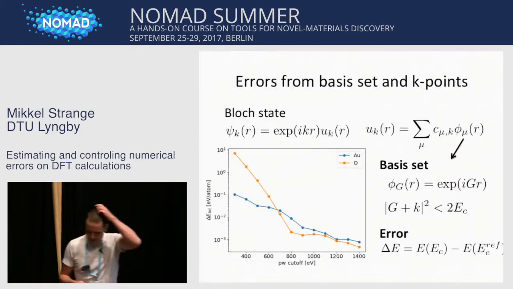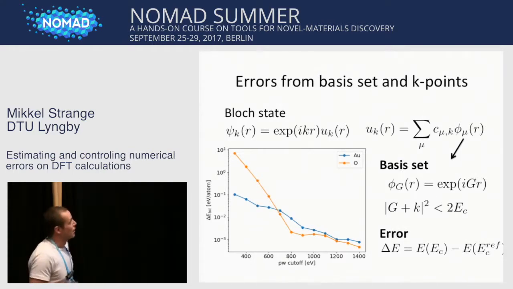All right, so of course when we look at errors, this is just to give you some concrete examples before we go into the statistics a little bit. So if we look at an error from basis set first here, we're dealing with solids, we're dealing with Bloch states. So this is a plane wave times a periodic part here, and the periodic part we can expand in some basis.